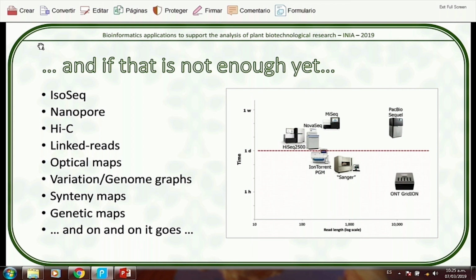Most laptops will have more than 4 gigs of RAM. Currently, they're coming with 8 or 16 gigs as a regular thing. So a laptop should be enough to render the visual data. If I want to see all the transcription profiles across my DNA assembly, is my laptop enough for that? Yep.